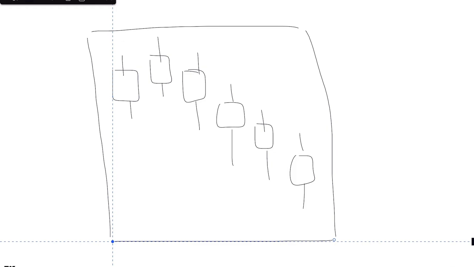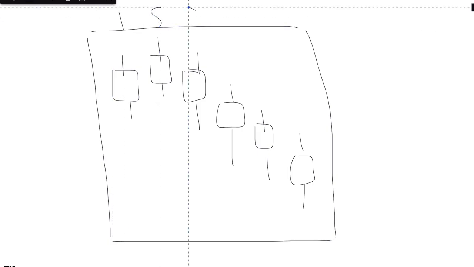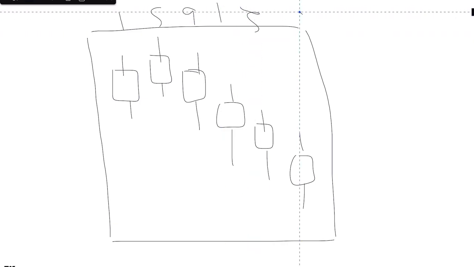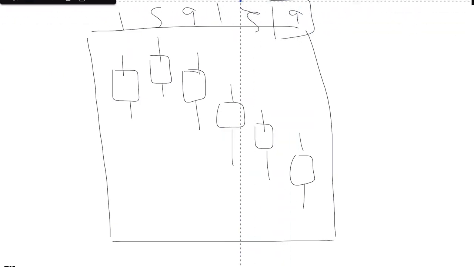Why? Because during every daily candle, you have 6 4-hour candles. And this depends on the asset class. But you're going to follow the sequence of 1, 5, 9, 1, 5, 9 to time your 4-hour candle trades.